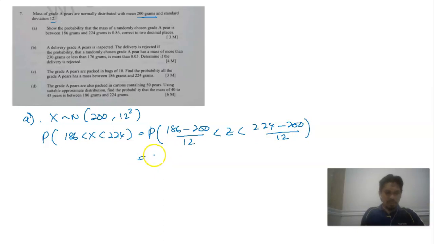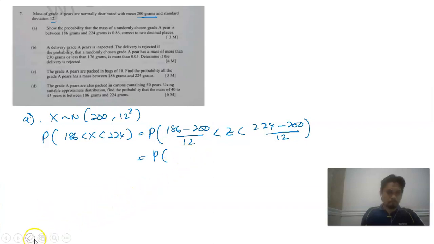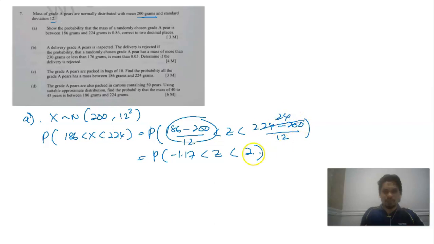Okay, so in this case the probability of this one is equal to, the whole of this equal to negative 1.17, and this one gives you equal to 2. Yes, 224 minus 200 is 24. 24 divided by 12 equal to 2 then.